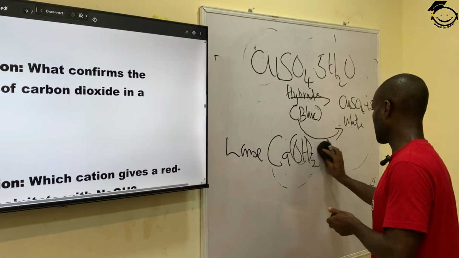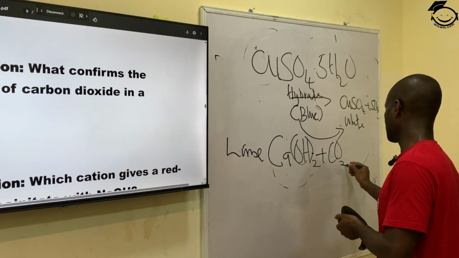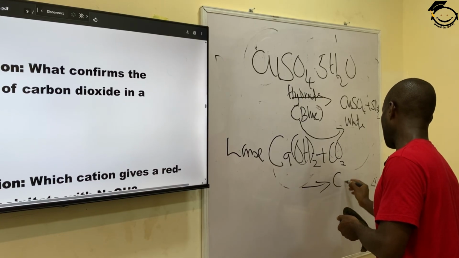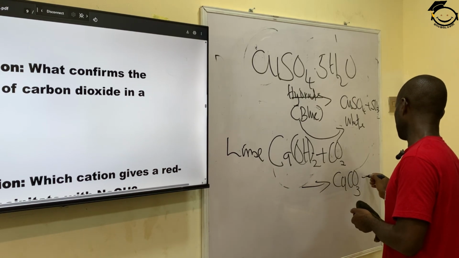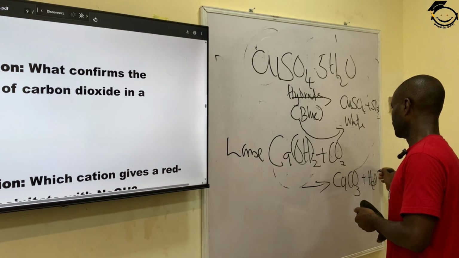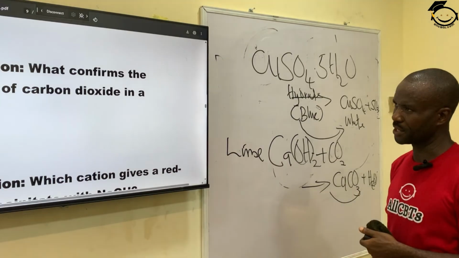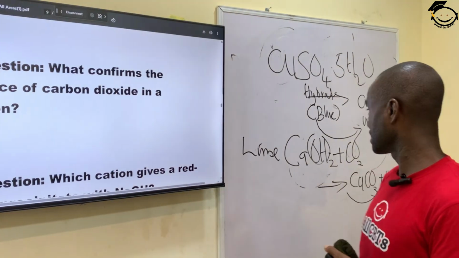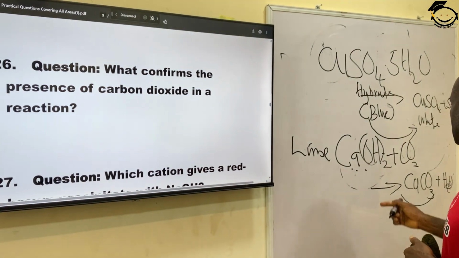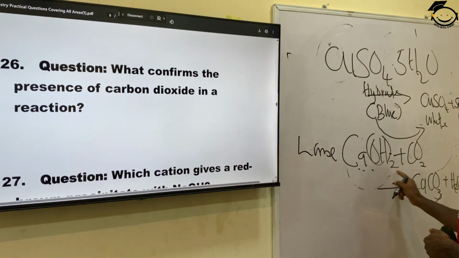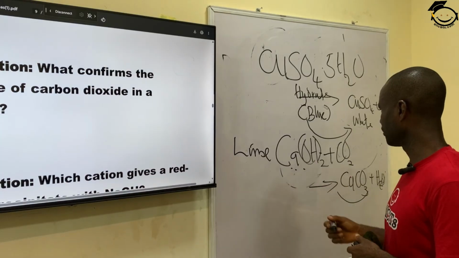This is lime water reacting with carbon dioxide to give calcium carbonate plus water. That confirms it: a white precipitate, which is insoluble in excess carbon dioxide.